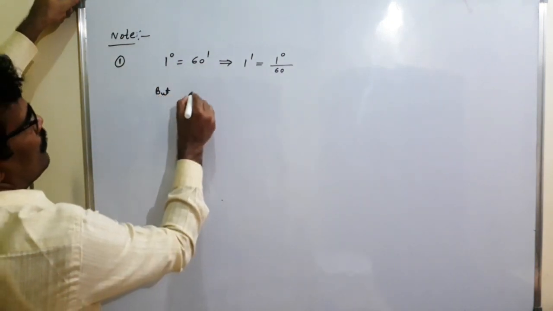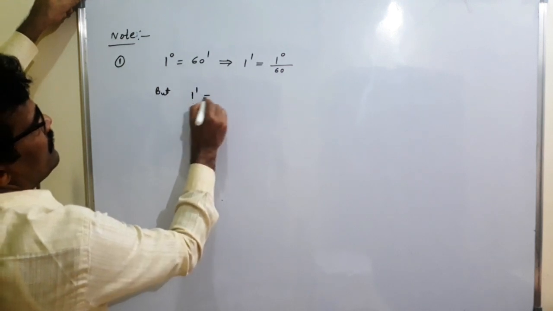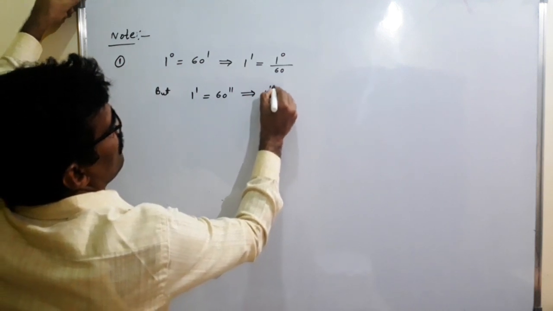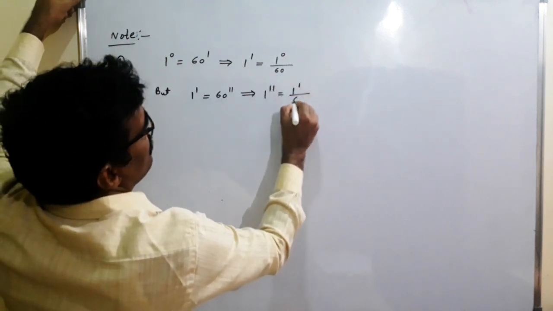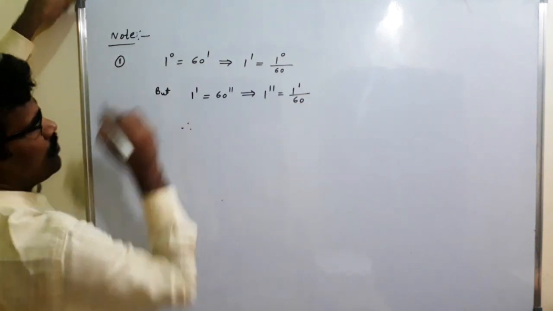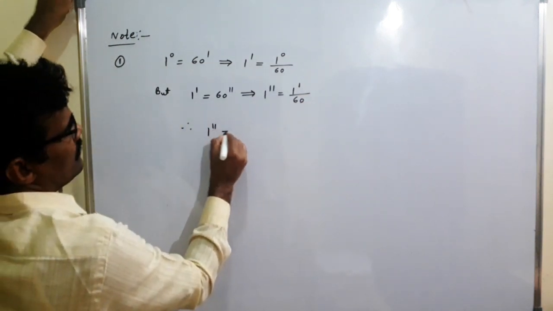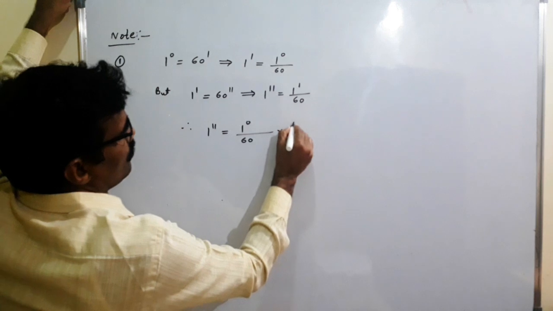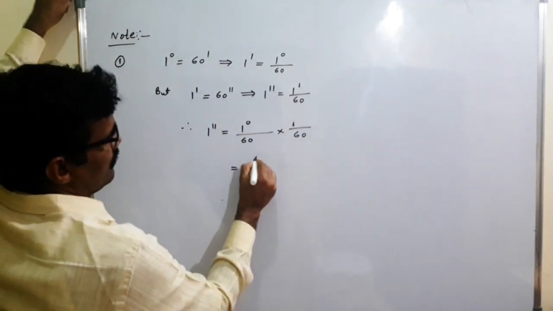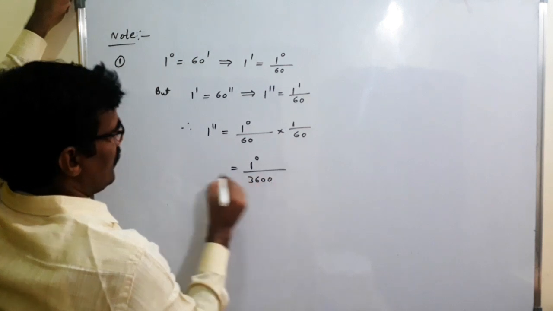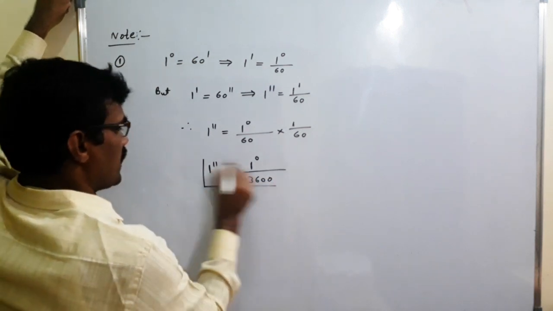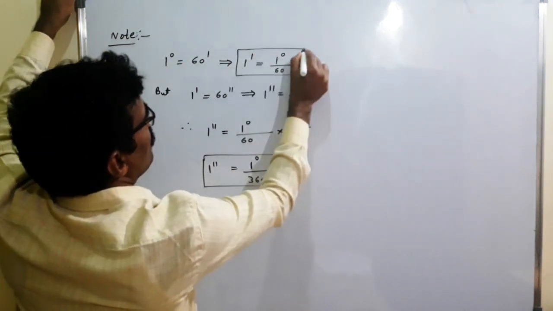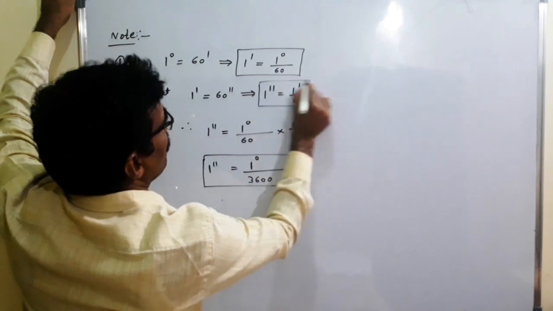But 1 minute is equal to 60 seconds. Therefore, 1 second is equal to 1 minute by 60. From these two, 1 second is equal to 1 degree divided by 60 into 1 by 60. This is the relation between minute, second and degree. This point is most important.